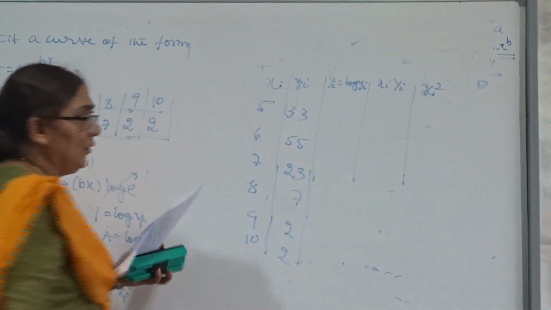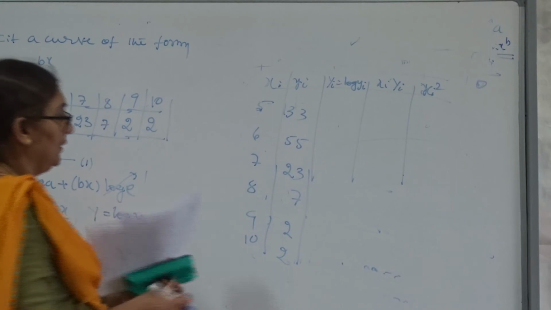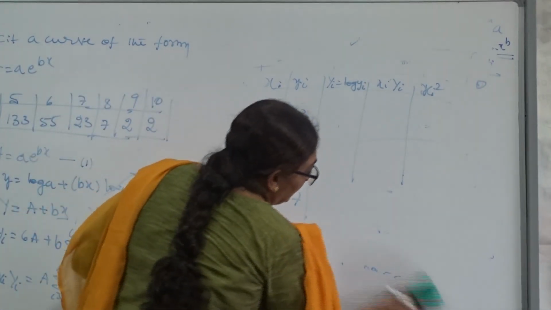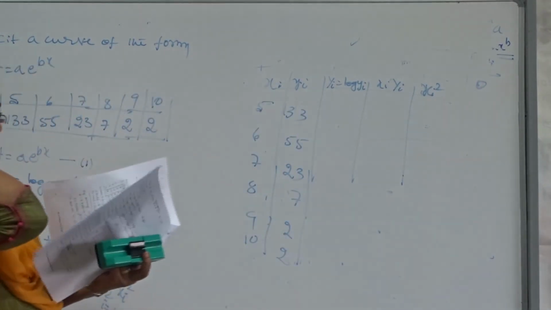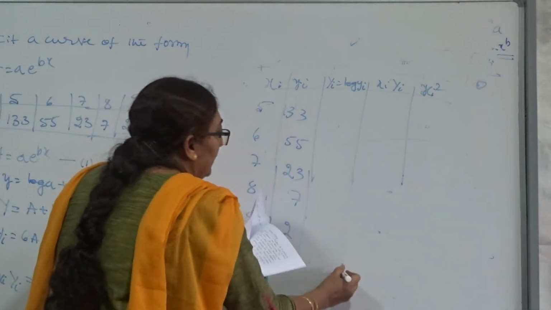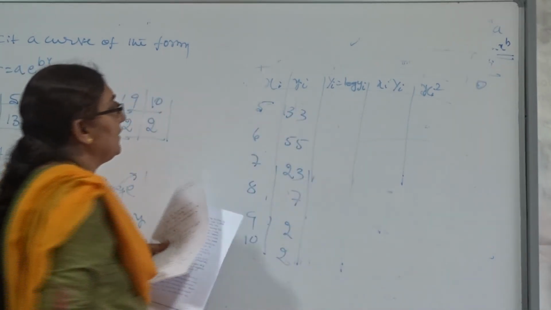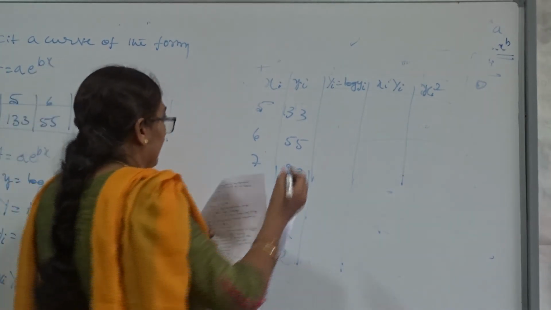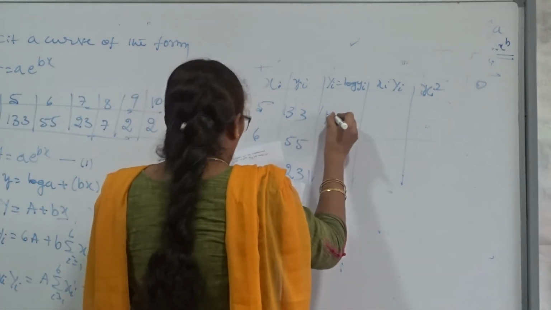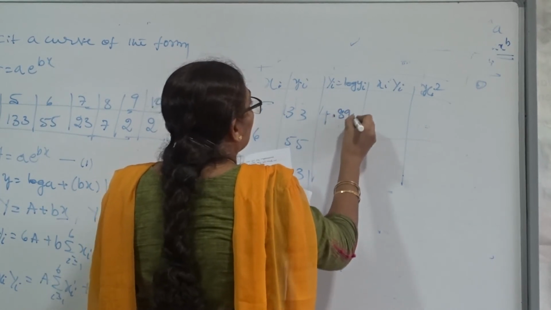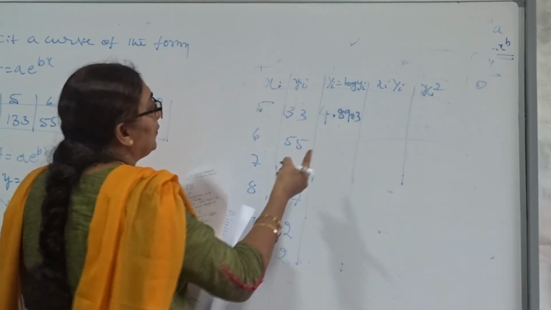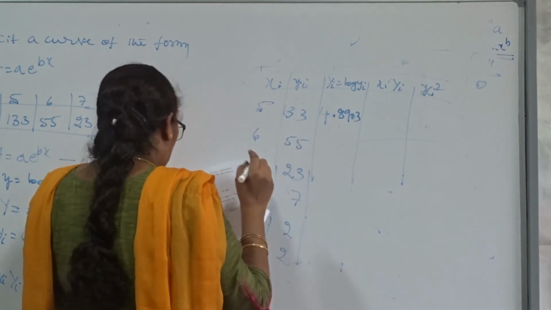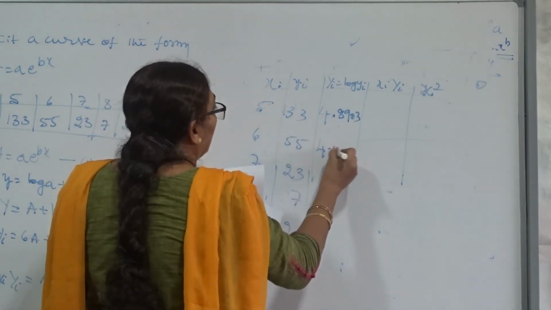I am going to explain only one value, because I can't spend too much time, as there are many videos based on curve fitting. Now we have to take log of the first value. What is log of 133? Keep in mind the base is e. The corresponding value is 4.8903. Similarly log of 55 is 4.0073.